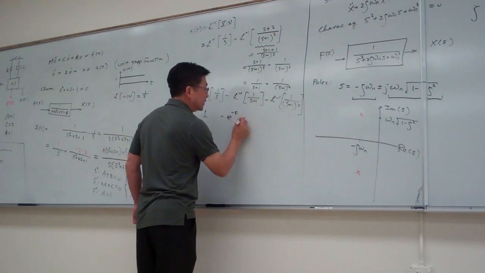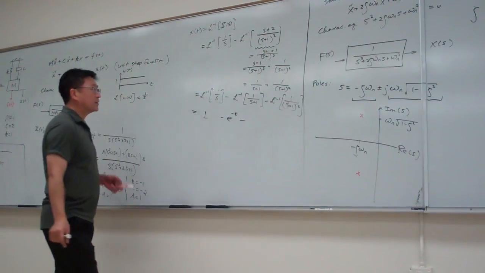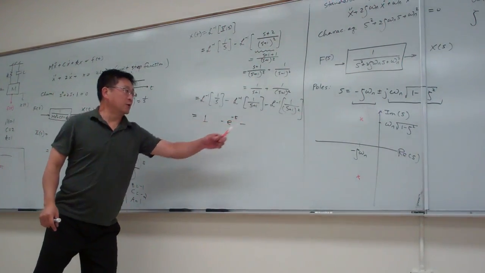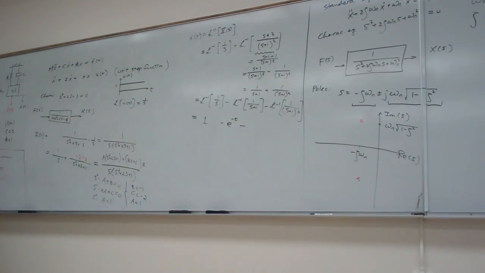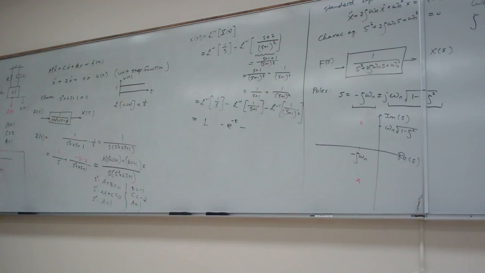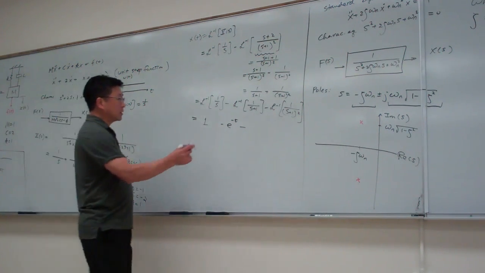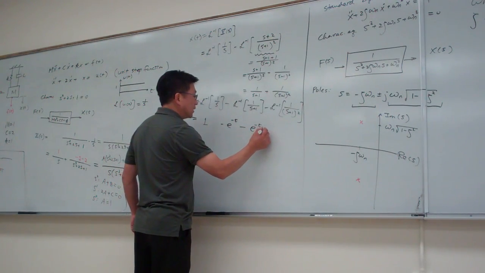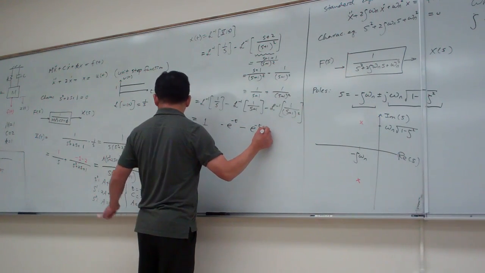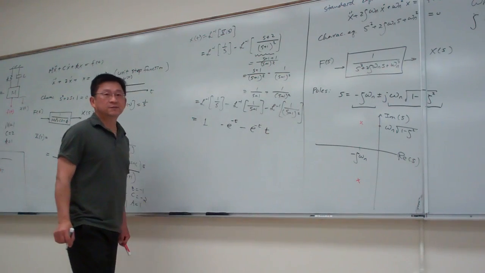Okay, now we continue. So for this one, right now, for the last term, it's applied to this one here. If you look at this carefully, then n equal to 1 for our last term, and then a equal to 1 here. So that means becoming e to the minus t and t. Yes.